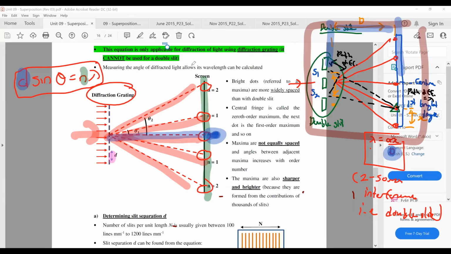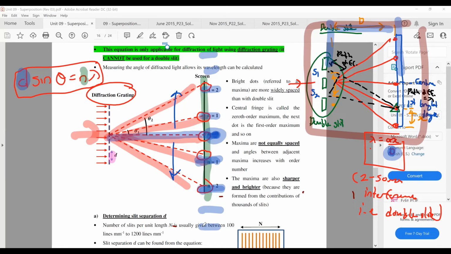And then as you go further from the center line, you start to number it 1, 2, 3, 4, 5. So if I go upwards here, this is the first order, second order, third order, fourth order, and so on. And then on the other side below, it will still be labeled first order, second order, third order, fourth order. So that is what the n there means.